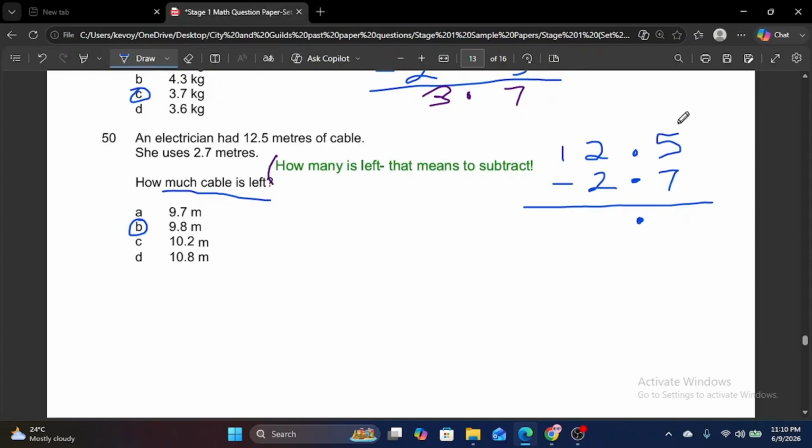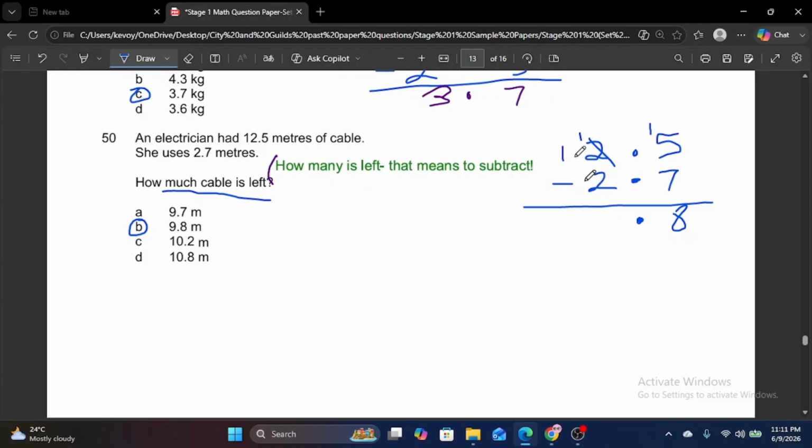So 7 into 5 you can't, so I'm gonna take 1 from the 2 and bring it right here. So that's gonna be 15. And remember to add the 1 remaining, because if you take 1 from the 2, you're gonna have 1 remaining. And you carry over that 1 right there, that's gonna be 15. So 7 from 15, that's gonna be 8. Yeah, and we have 1 remaining right there, so 2 from 11.